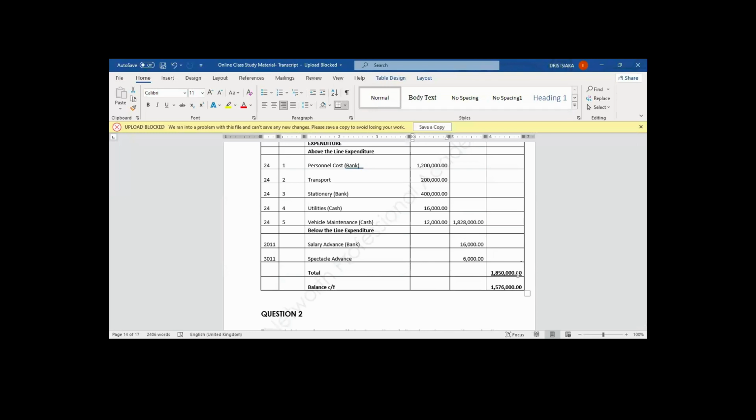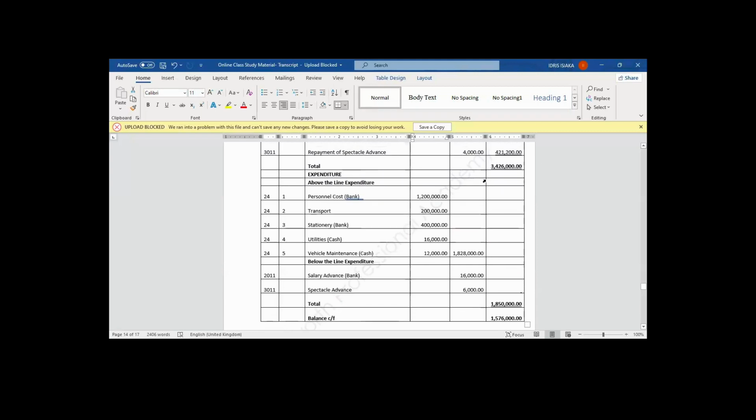When you get your 1,850,000, you will now minus the total of expenditure, 1,850,000. You minus it from the total of revenue, 3,426,000.